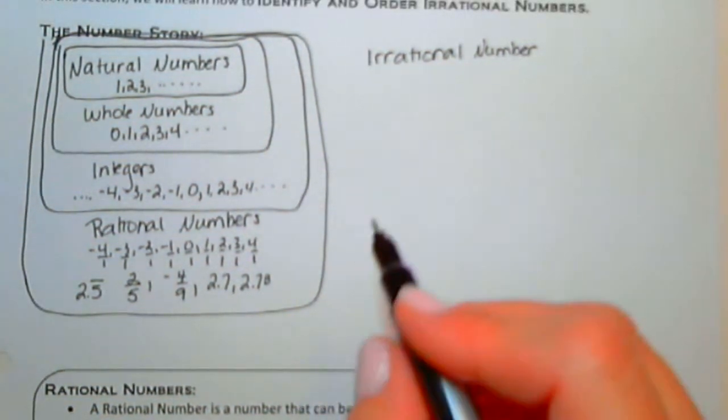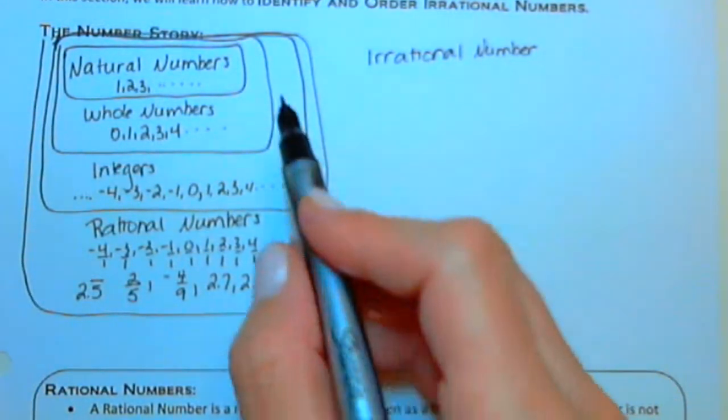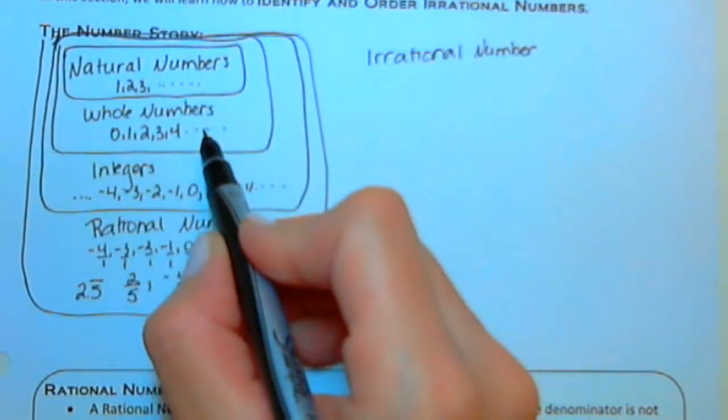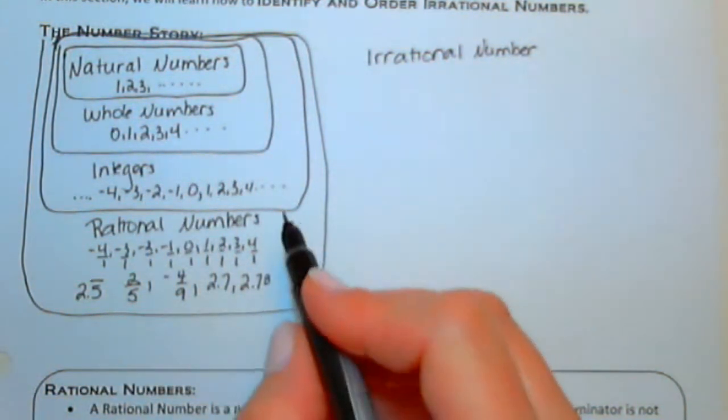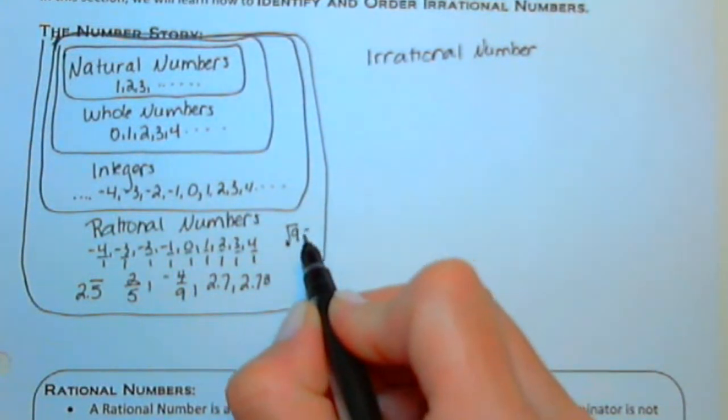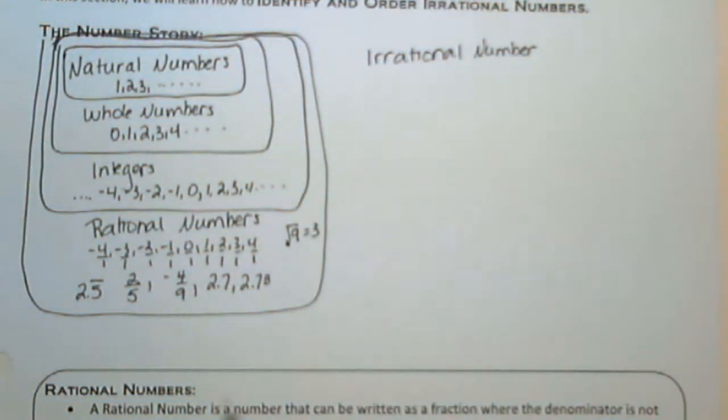Now, where do those numbers come from? Well, I'm going to go back over here and I'm going to add a few. A natural number or a whole number or integer or rational number, they can have roots in them, like the square root of 9, which is 3.